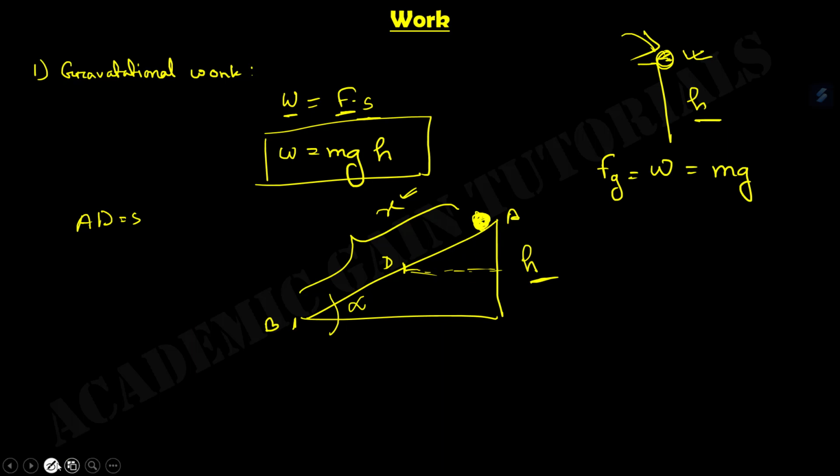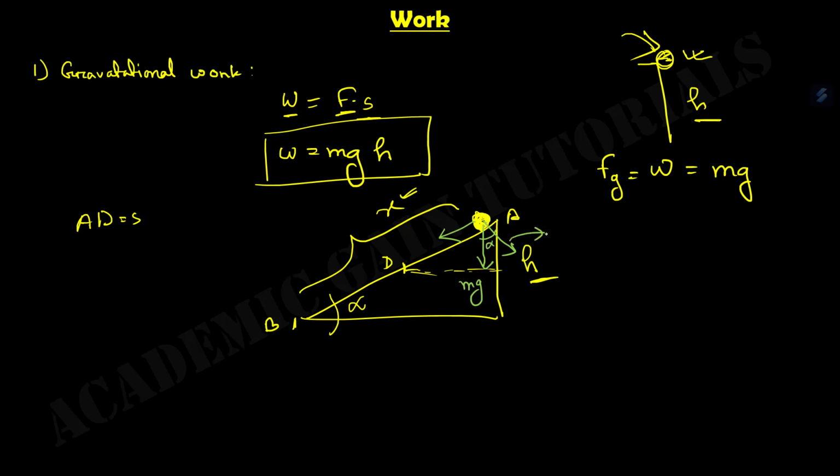We know the weight acts downwards as m g. This has two components, a horizontal component and a vertical component. As this angle is alpha, this will also be alpha.